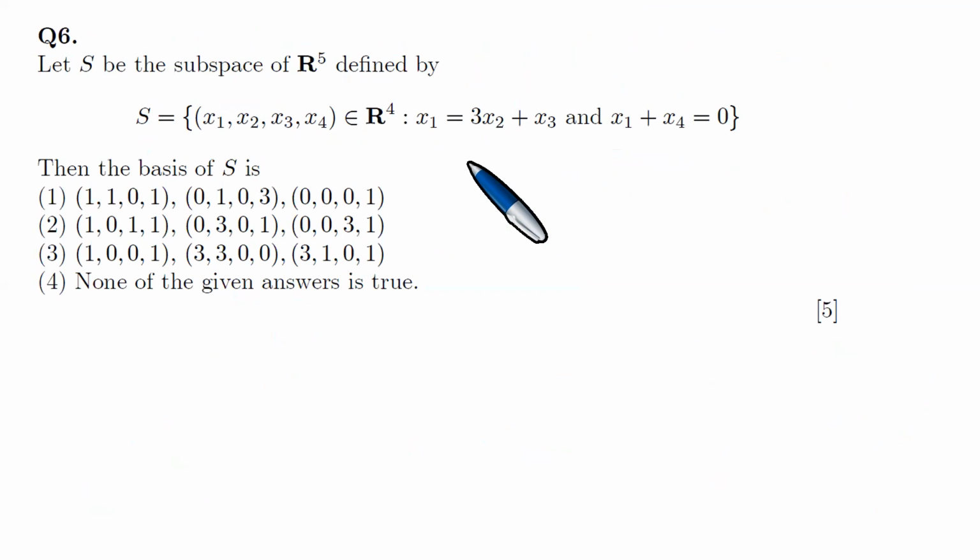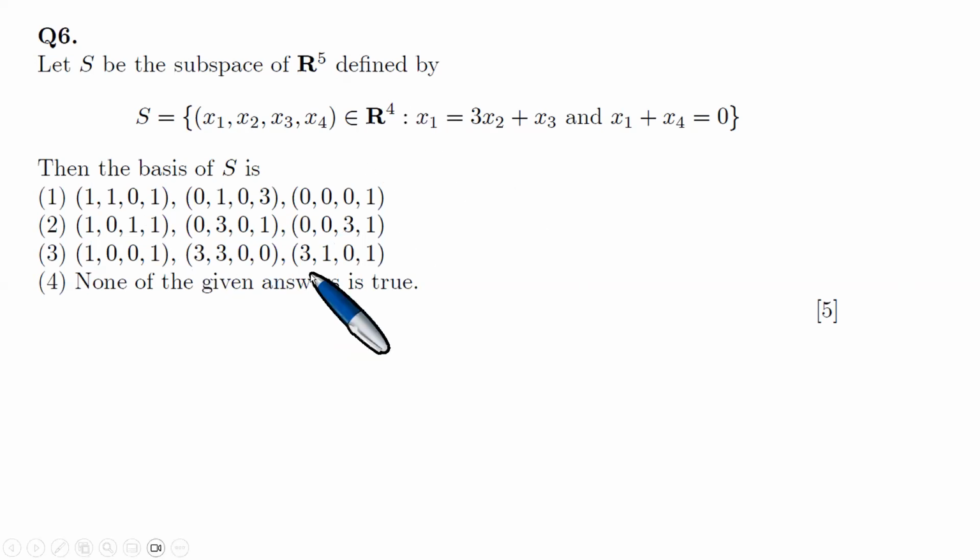Let S be the subspace of R5, defined by that one. So now, what do we get? Then the basis of S is given by what?